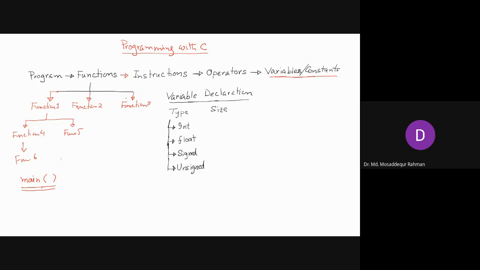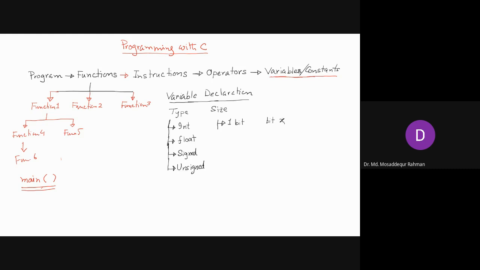Now the size. We can also have different sizes for the variables, and that also we have to define in the variable declaration. We can have a variable of size 1 bit. If the size is just 1 bit, then it can be either 0 or 1. Let's say we declare a variable of size 1, then we declare it like this: bit x.